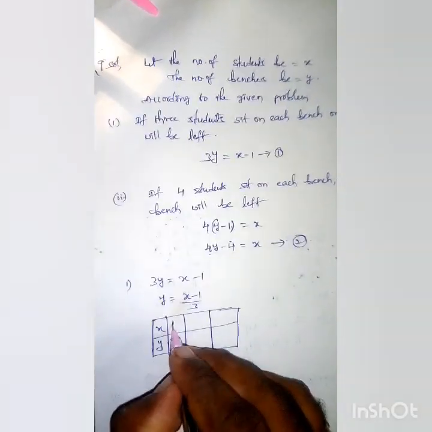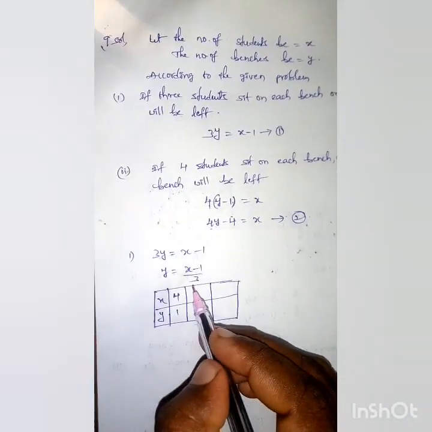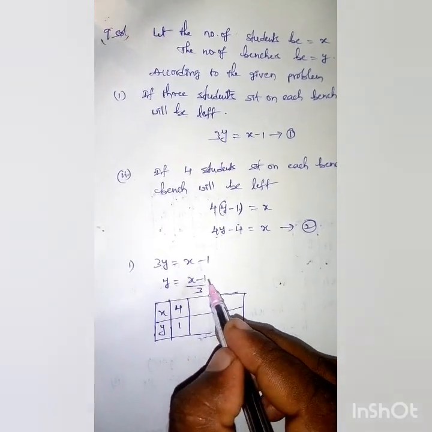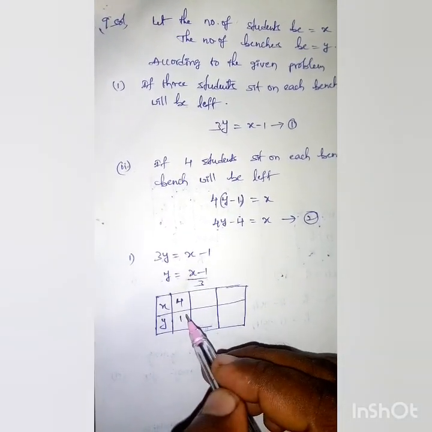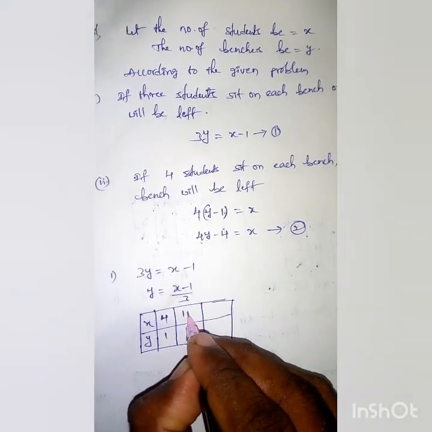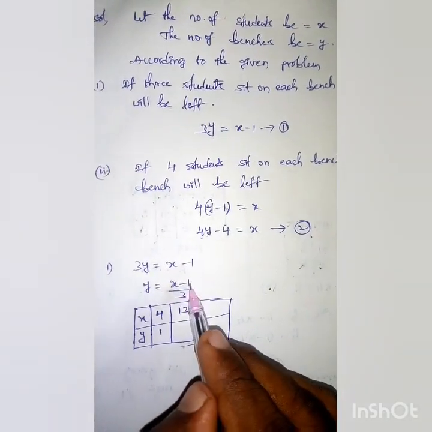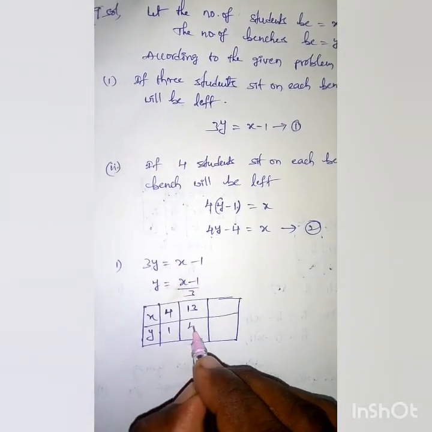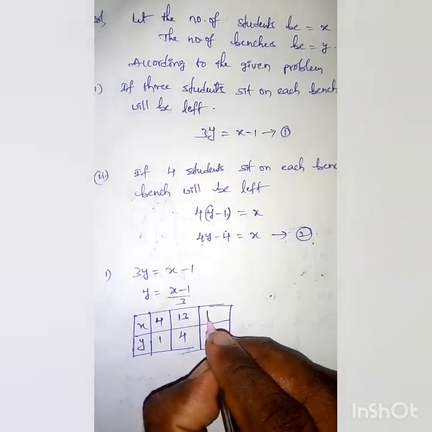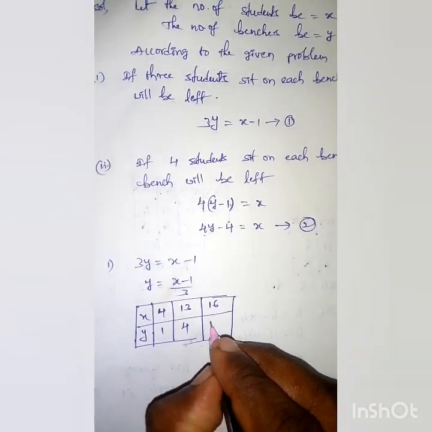If x equals 4, then y equals 1, because 4 minus 1 equals 3, 3 by 3 equals 1. If x equals 13, then y equals 4, because 13 minus 1 is 12, 12 by 3 is 4. Now substituting x equals 16, 16 minus 1 is 15, 15 by 3 is 5.